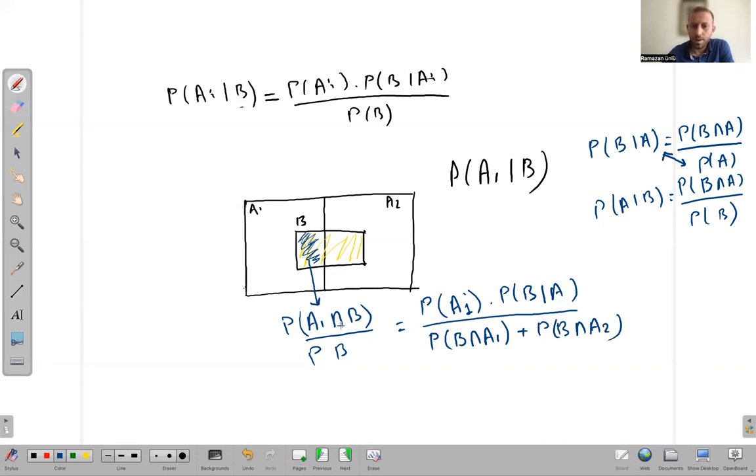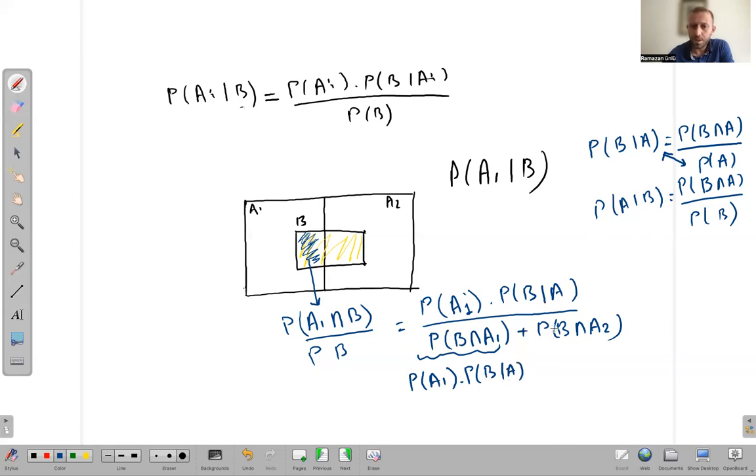As I did here, I can extend these two parts separately. So instead of this one, I can write P(A1) times P(B given A1), coming from the same thing as before.